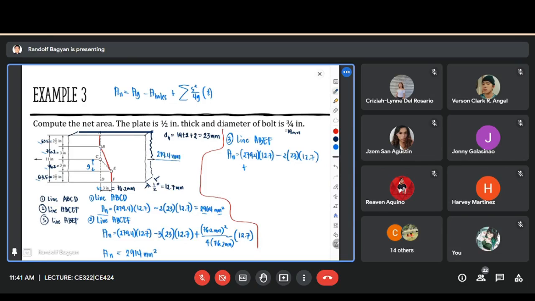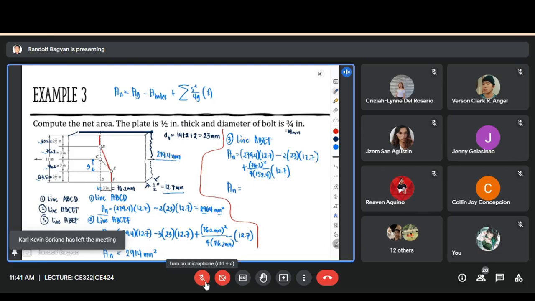So, S squared, S is 76.2 squared divided by 4 times gauge, that's 6 inch or ngayon, 152.4. Okay, multiplied by the thickness, which is 12.7 mm. Okay, so that is the net area. For line ABEF, please compute.